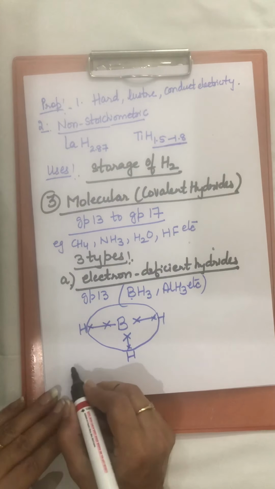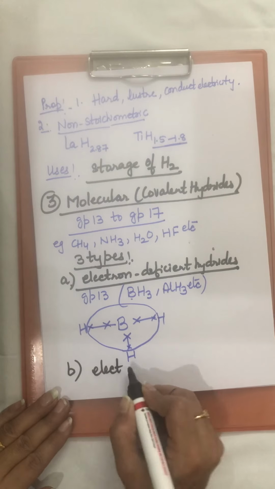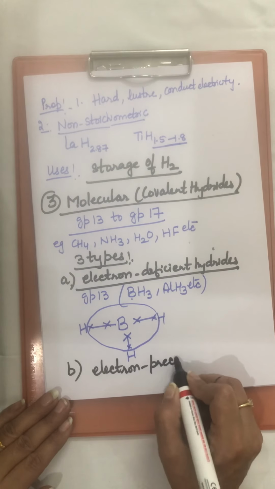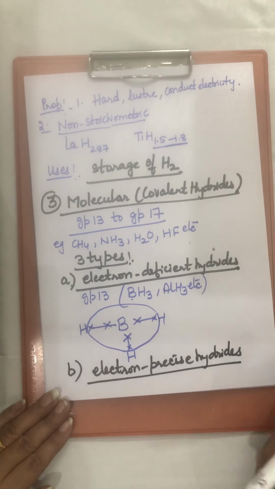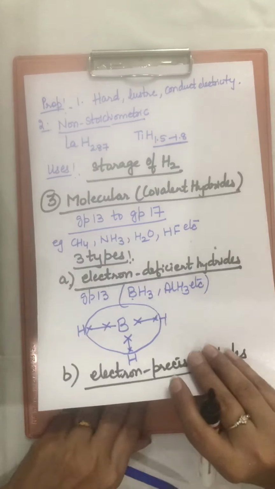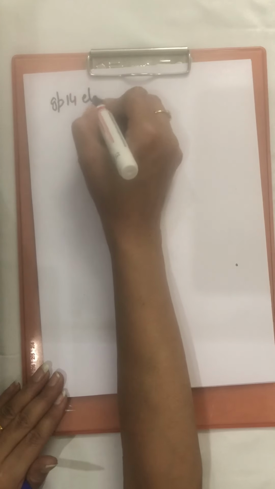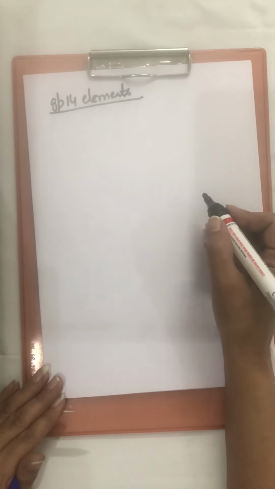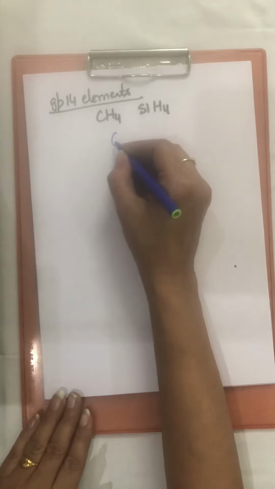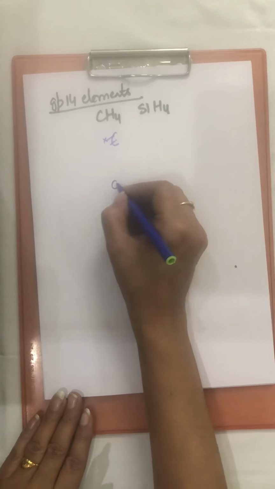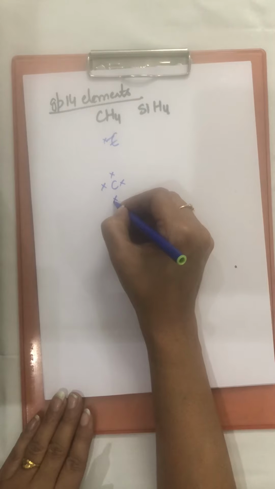Second type of hydrides are electron precise hydrides. Precise means exact number of electrons, that is 8 electrons in their last shell. These hydrides are formed by group 14 elements, like carbon, silicon. Examples are CH4, SiH4. Carbon has 4 electrons in its last shell.